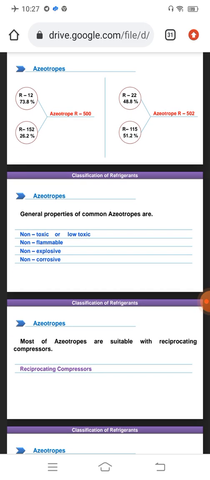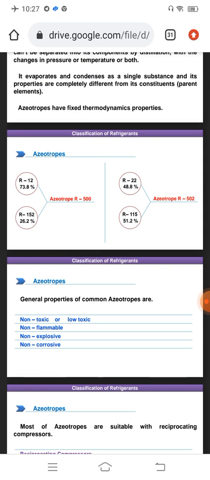Non-azeotropic refrigerants mean what? Mixtures of two or more refrigerants with dissimilar boiling points, but the phase change takes place over a temperature range less than 5.56 degrees Celsius.